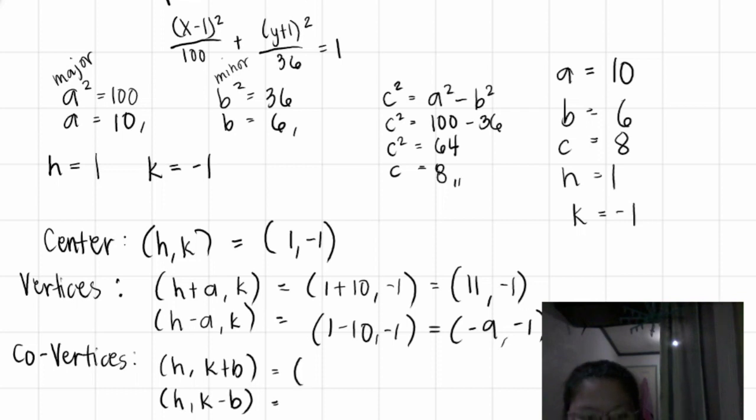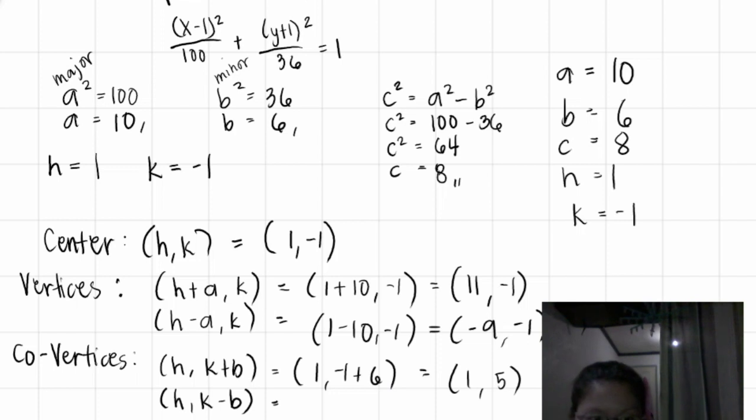So, ang h natin is 1. So, 1, and then comma, k plus b. So, k, negative 1, plus b. So, 6, plus 6, equals, so, copy lang natin si 1. At ito naman, simplify, negative 1 plus 6 is positive 5.